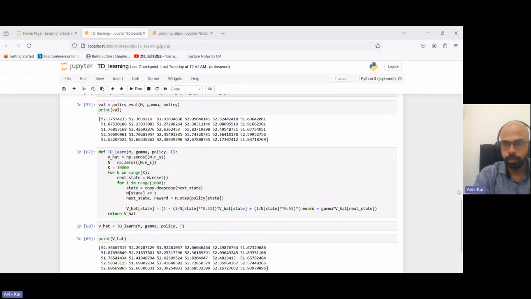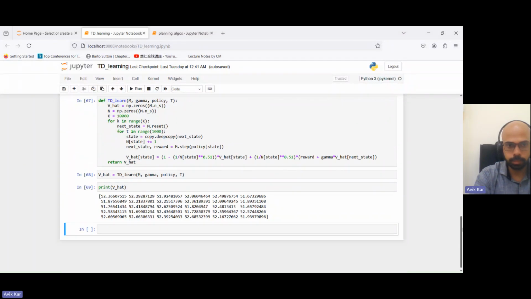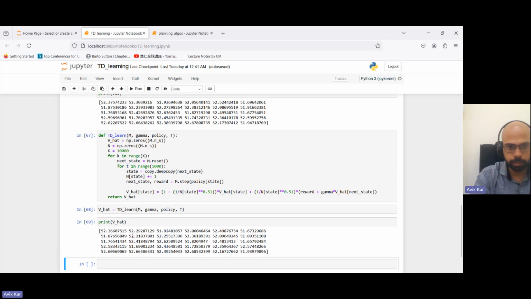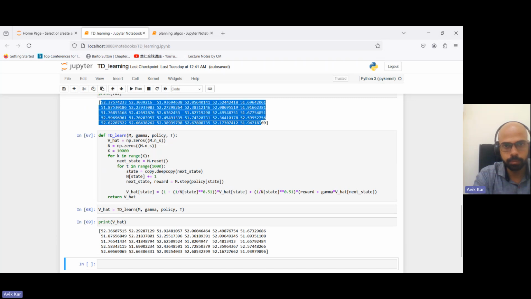Okay, so here we have the result of the last run, where we have increased the number of episodes to 10,000. And here you see that our estimate is tracking very closely.